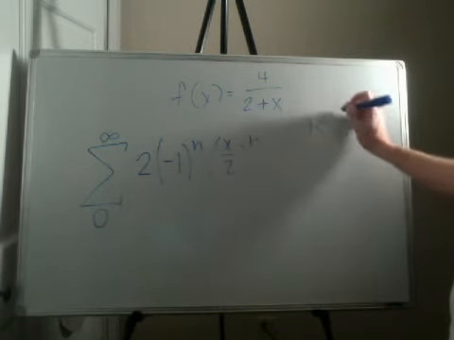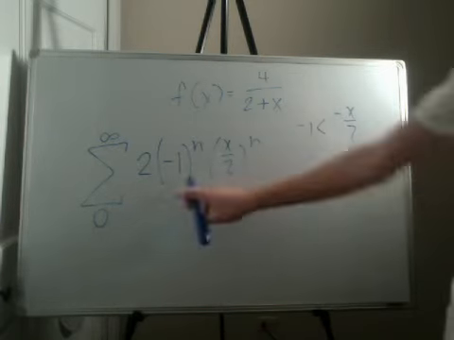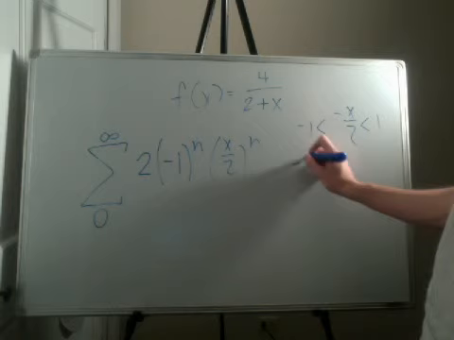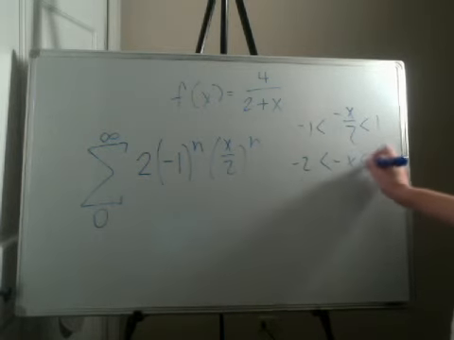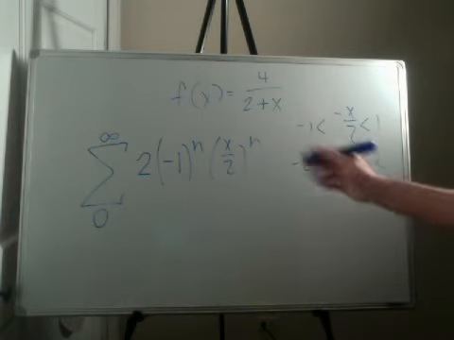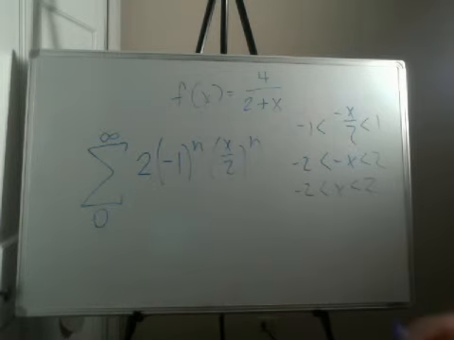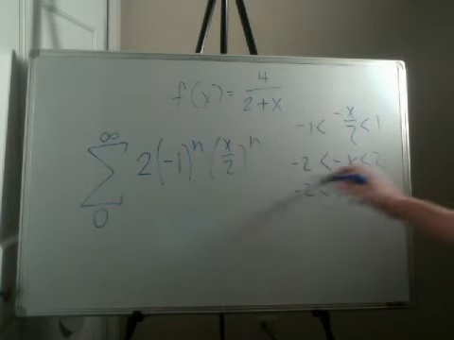Negative 1 is less than negative x over 2, less than 1. Multiply both sides by 2, you get negative 2, negative x, 2. Divide by negative 1, flip the signs, and you get negative 2 is less than x, which is less than 2. That's the interval of convergence for this power series.